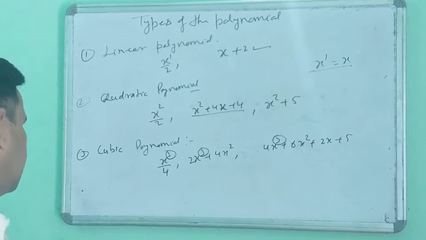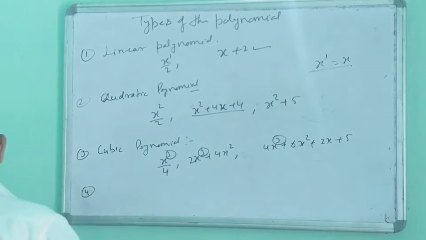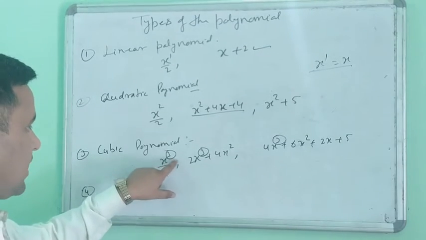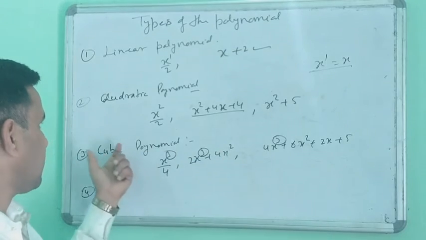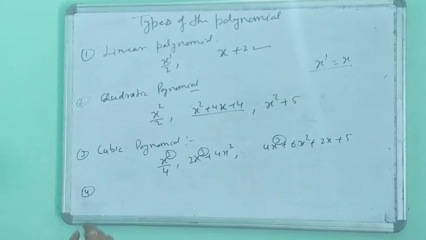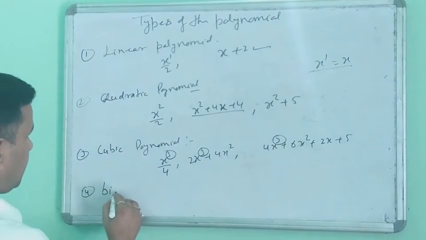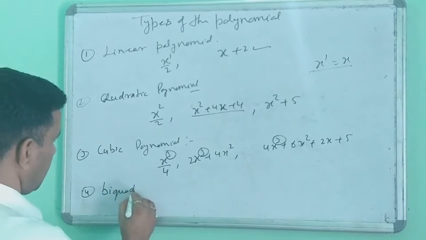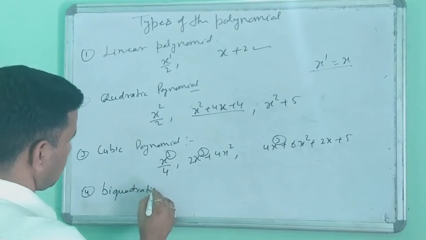The fourth is the biquadratic polynomial. When the power is 4, this is called a biquadratic polynomial.